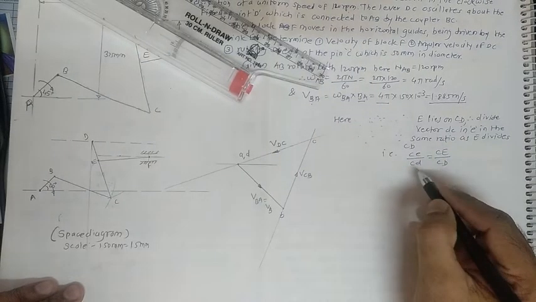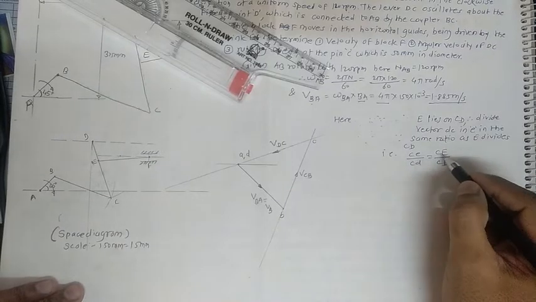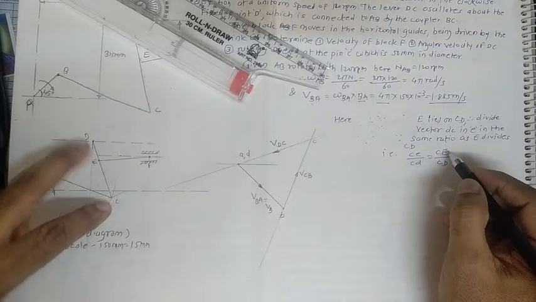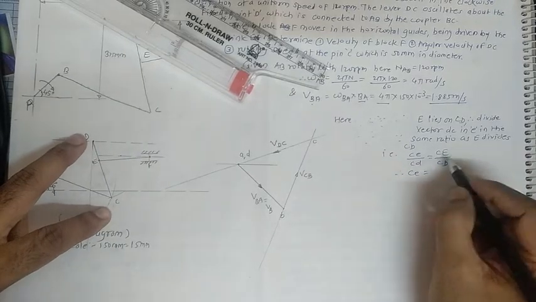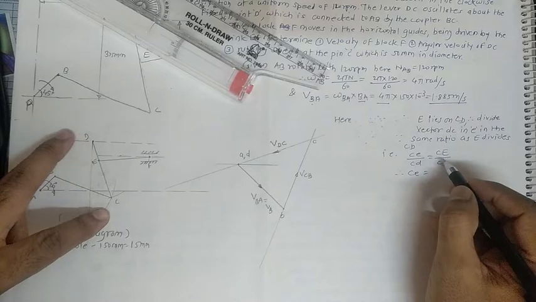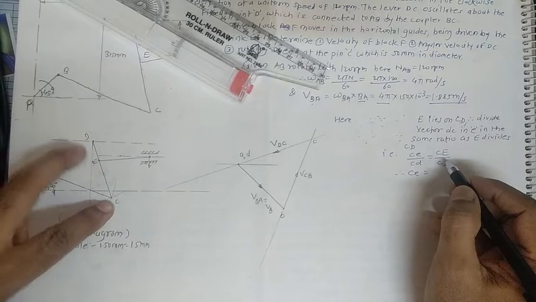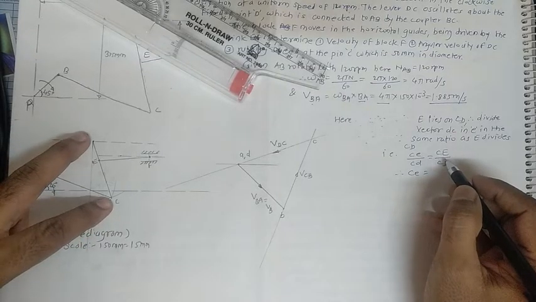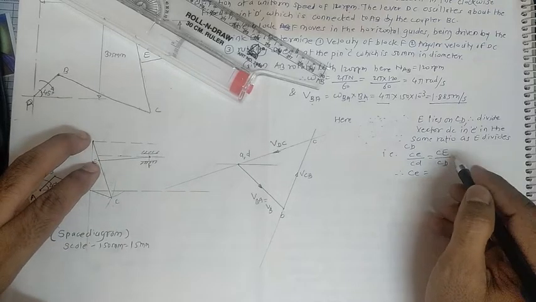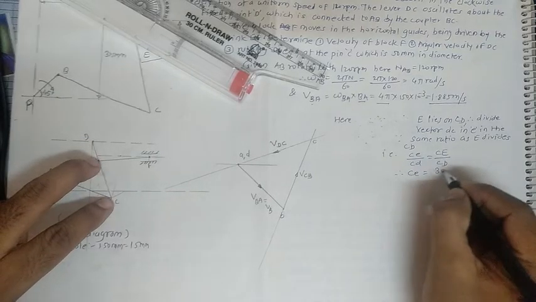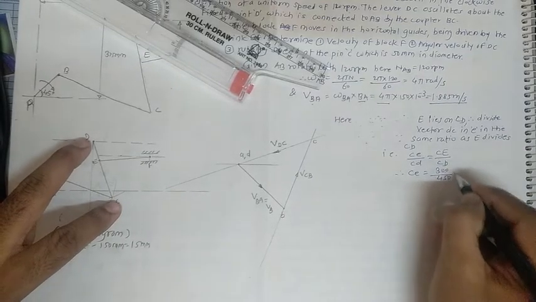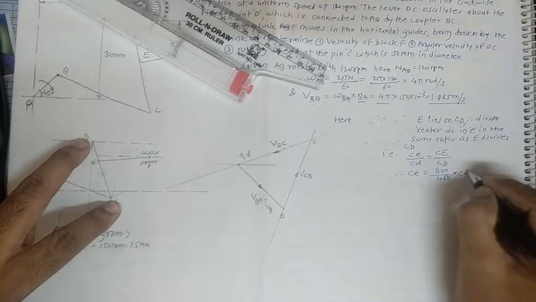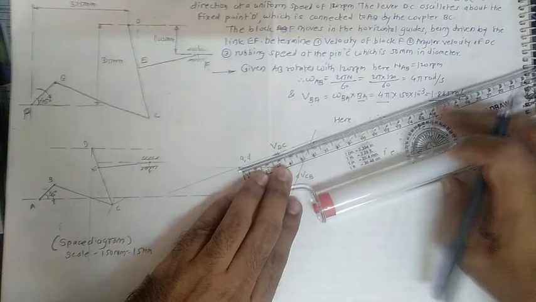So what about the length CE? Capital C is already with us, and this one CD. The total length is given as 450, out of which we have 150, so this must be 300. So 300 divided by the length of CD, 450, multiplied by the CD length. Just measure the CD length from this velocity diagram.